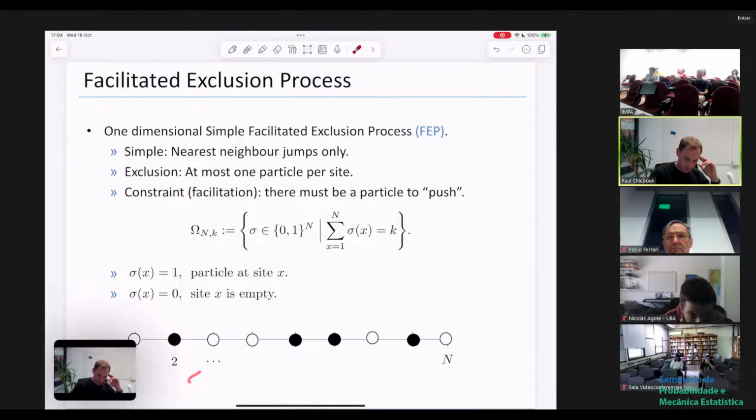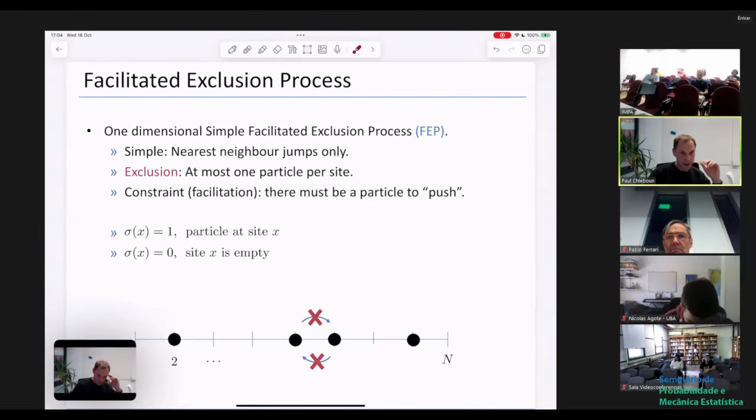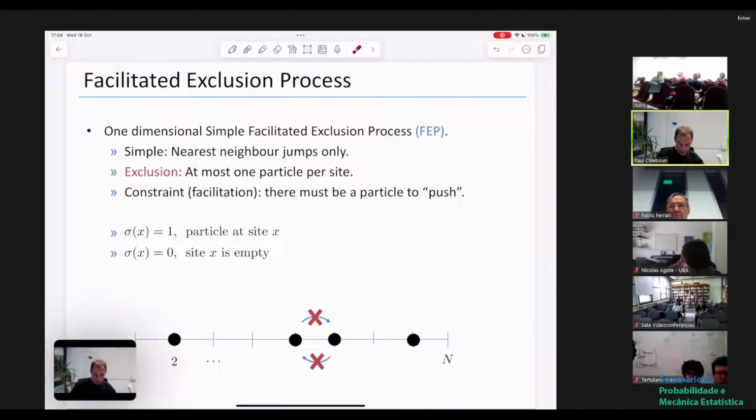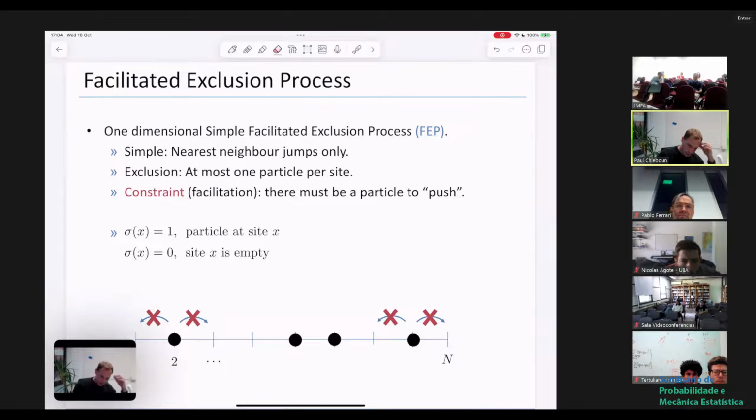So I've written the sample space here. And as usual, we think of a particle at a site as being represented by a 1. Okay, so firstly, exclusion means that particles can't jump on top of a site that already contains a particle. The constraint is that you need a particle behind the particle that's trying to move in order to be able to move.